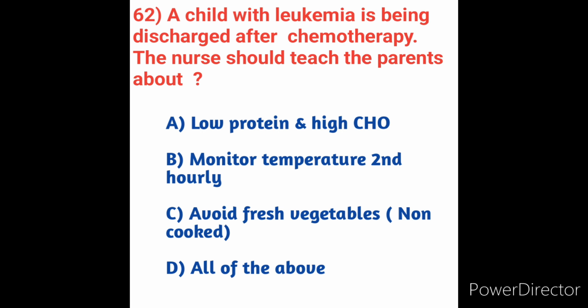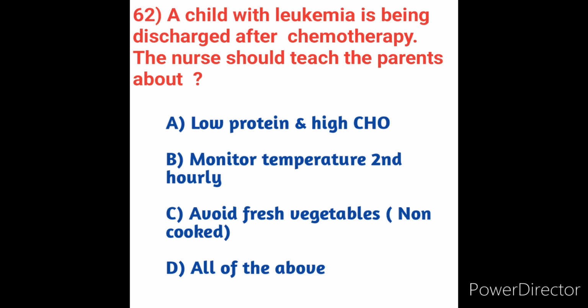The nurse should teach the parents that fresh fruits and vegetables harbor microorganisms which can cause infection in an immune compromised child. Fruits and vegetables should either be peeled or cooked. The physician should be notified of a temperature above 100 degrees Fahrenheit.